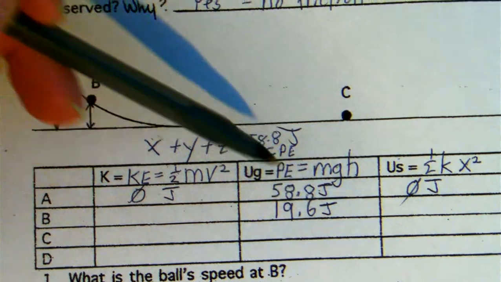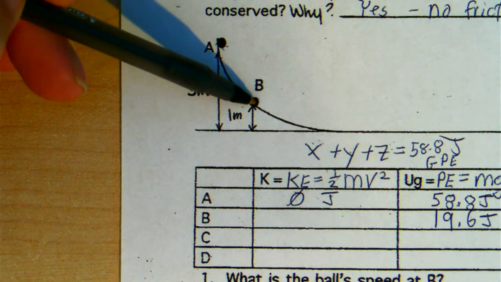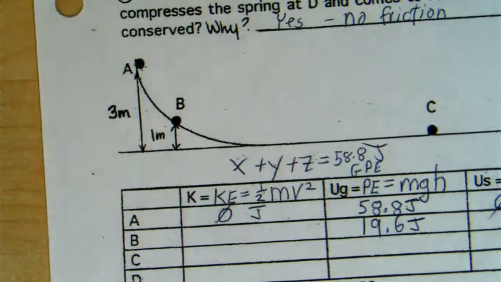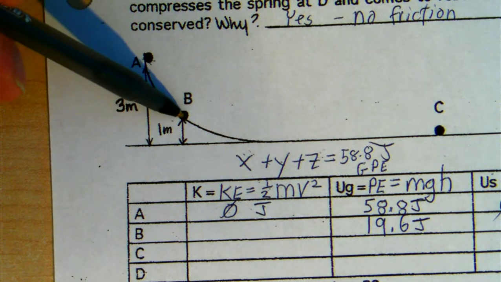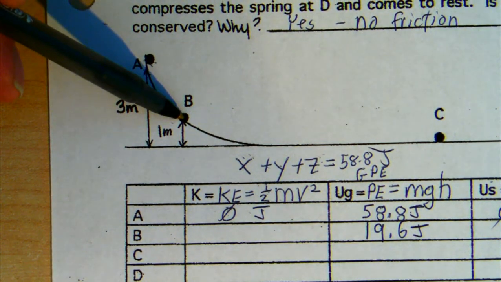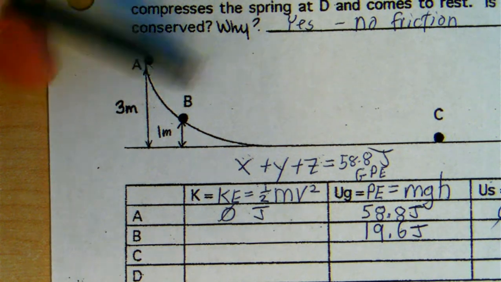All right, next question. Here at point B, how much energy is being stored in this compressed spring? When the ball is at point B, how much energy is being stored in the compressed spring, Josh?